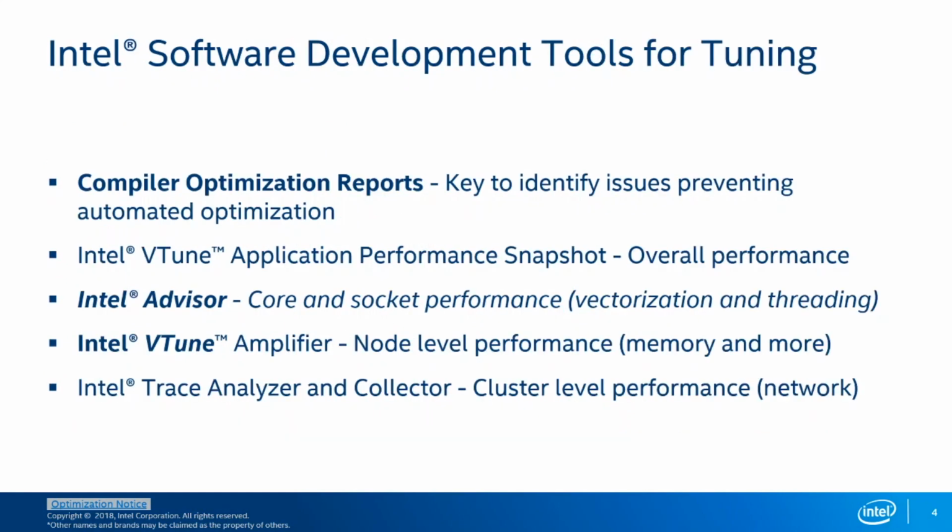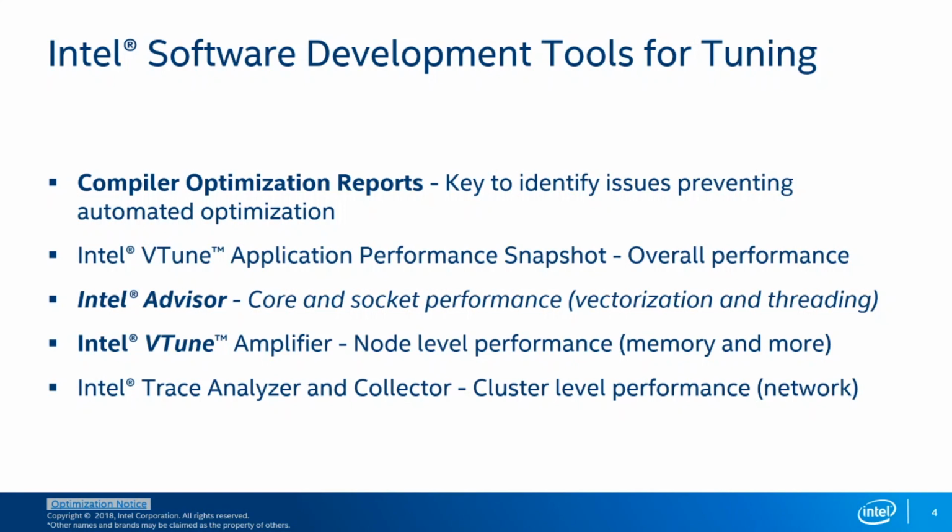The tools that we provide for performance metrics are basic compiler reports. We have VTune Application Performance Snapshot that does a coarse-grain overview of the performance of your application. We have Intel Advisor. That's a very good tool for ensuring proper vectorization and threading.